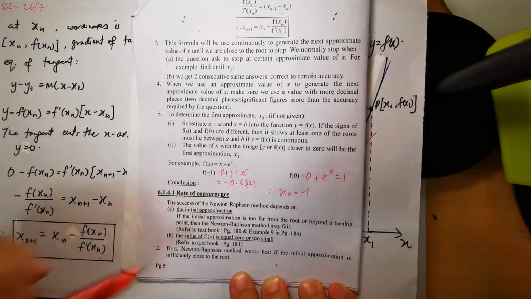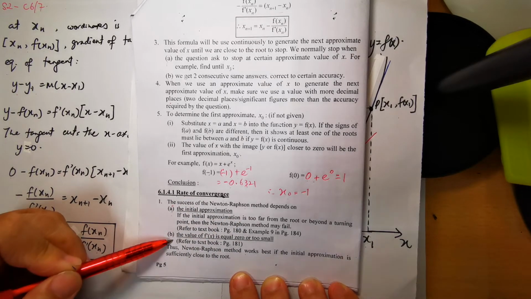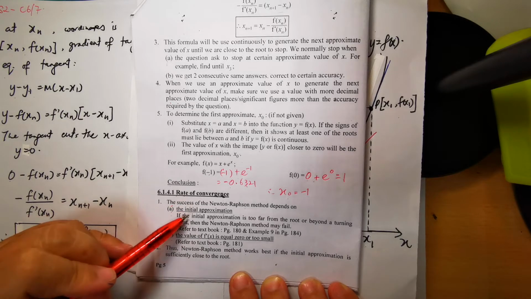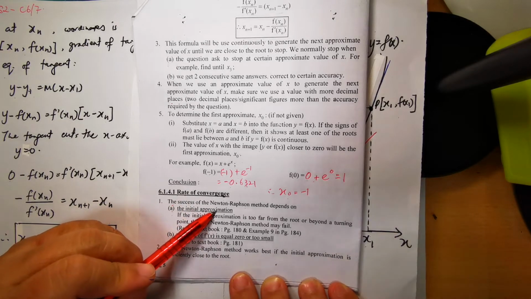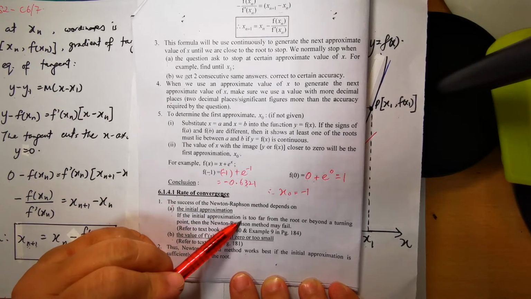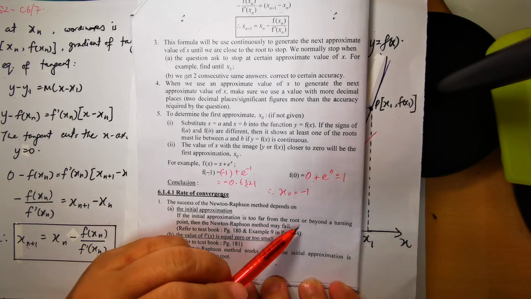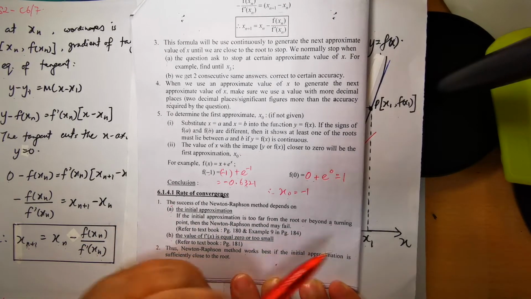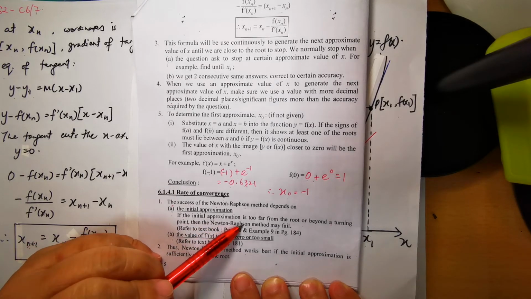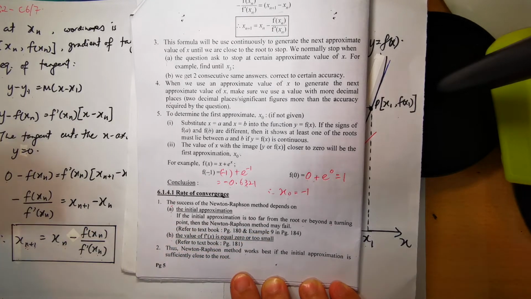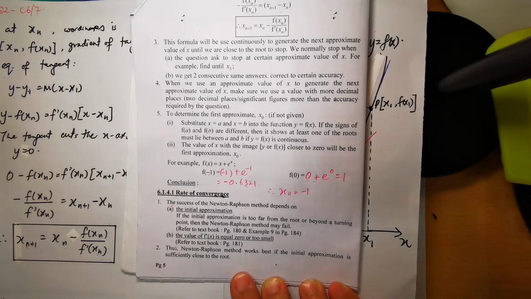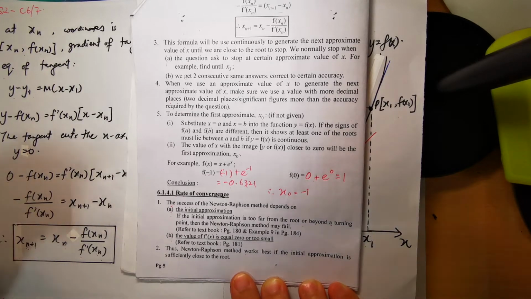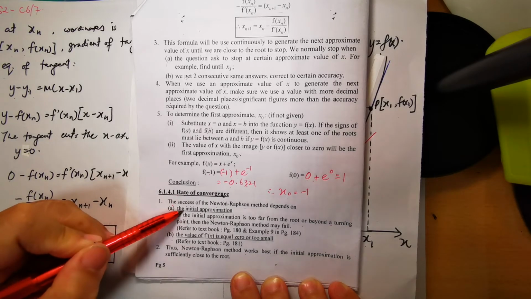It depends on two important criteria. One, the initial approximation that we choose. If the initial approximation is too far from the root or beyond a turning point, then the Newton-Raphson method will fail. It means that you cannot use it to get a series of approximation values of x that get closer and closer to the root that we want. It will go further and further. So first, the initial approximation.